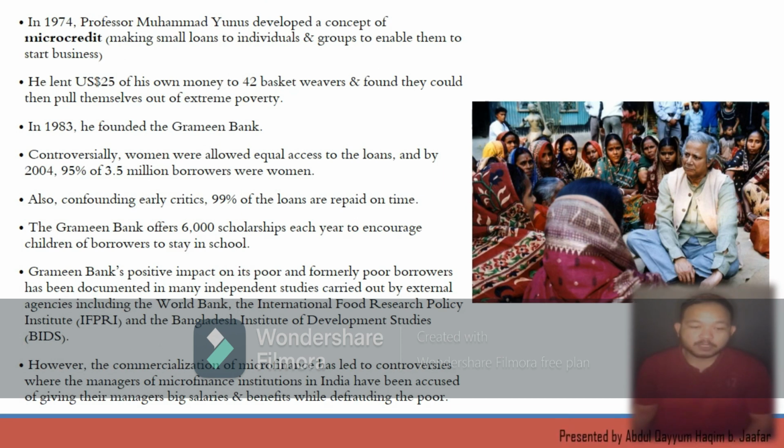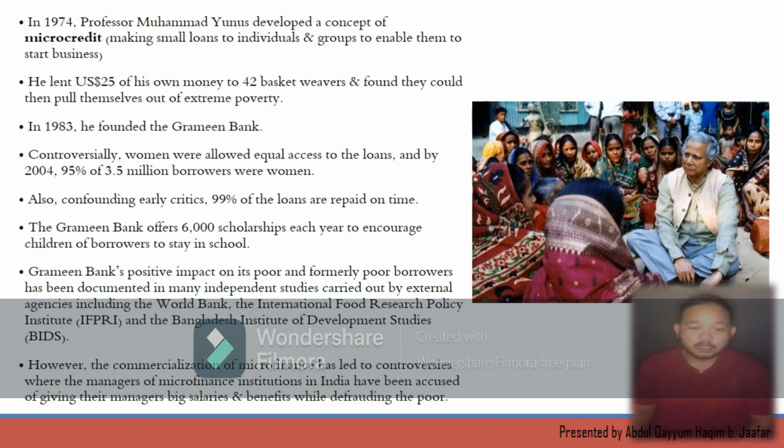Here is Muhammad Yunus, the founder, who was awarded the Nobel Peace Prize in 2006. In 1974, Professor Muhammad Yunus developed the concept of microcredit, making small loans to individuals and groups to enable them to start businesses.